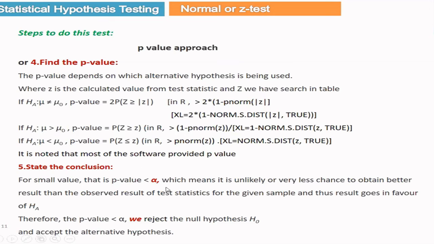If your p-value is less than alpha, your level of significance, it is very unlikely, there is very little chance, to obtain a more extreme result than your test statistic. That goes in favor of your alternative hypothesis. Therefore, if the p-value is less than alpha, we reject the null hypothesis and accept the alternative. Remember, p-value less than alpha means significant, and we reject the null hypothesis. Always. Very easy to understand.